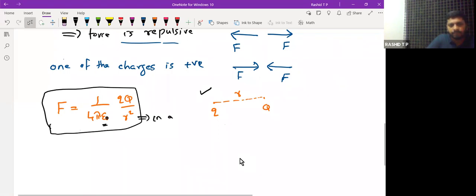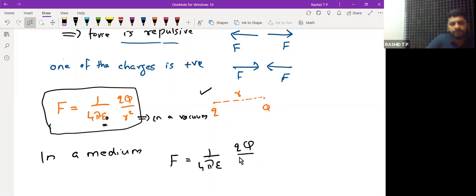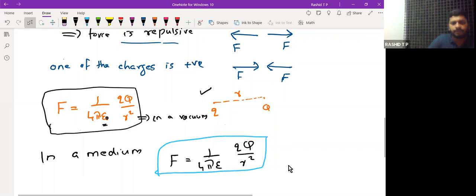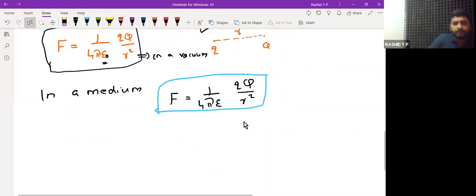If I keep the same charges in a medium, like water in a beaker, then the expression for the force in a medium will be 1 by 4 pi epsilon qQ divided by r square. Here this epsilon is the permittivity of the medium.